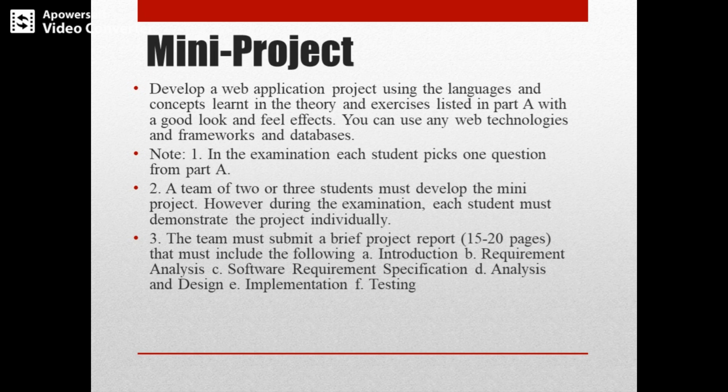Fifth is your implementation, and finally you need to test whatever project is being developed. So the report should contain these things: introduction, requirement analysis, software requirement specification, analysis and design, implementation, and finally testing. You may form a group of two or three students together to develop this mini project.